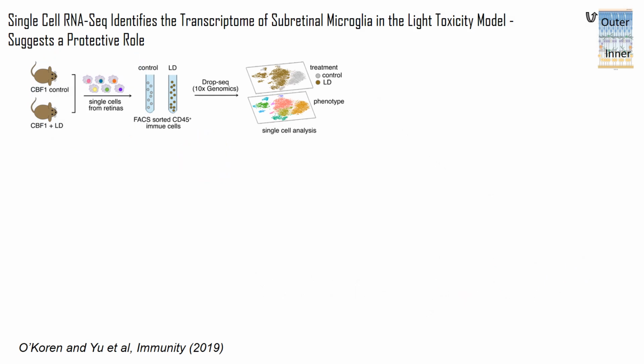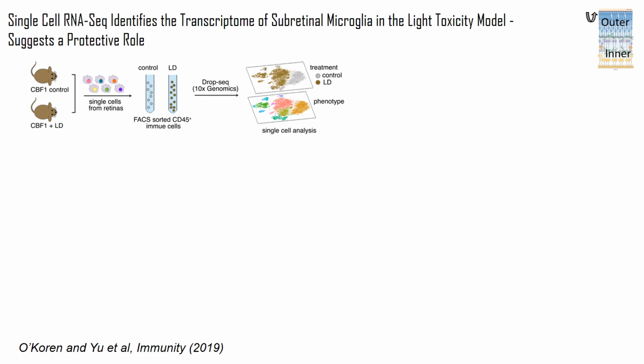So to address this question, we recently applied single-cell RNA sequencing to identify the transcriptome of subretinal microglia using the light toxicity model. It was done by FACS sorting microglia and macrophages from this model, as well as in the normal context, to identify different clusters of microglia and macrophages.